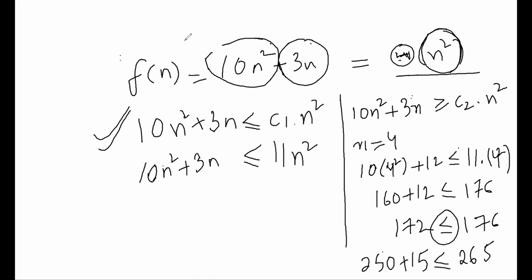So again, just giving you some examples. If n is 6, this is 360 and this is 18. 11 into 36. So 36 ones are 36, 36.